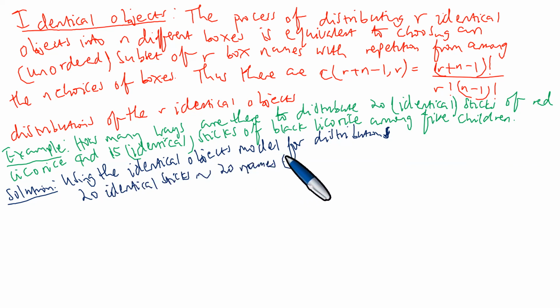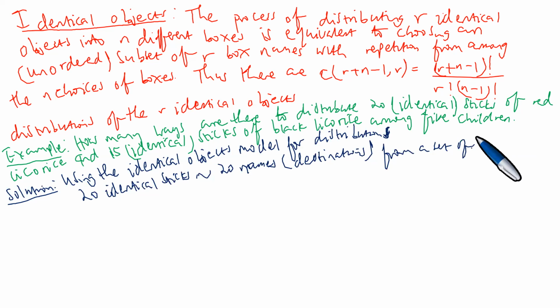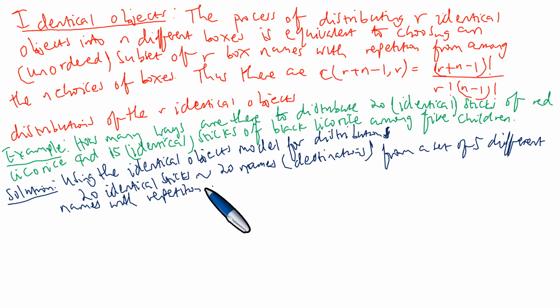These names can be seen as sort of destinations, from a set of 5 different names, with repetition. It's like we're analyzing the green case here.